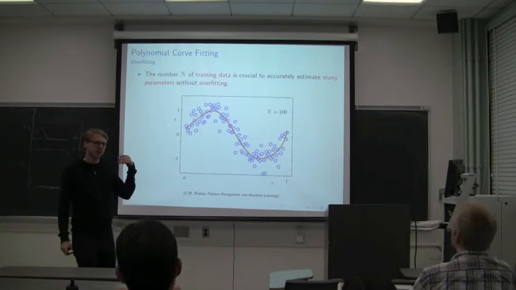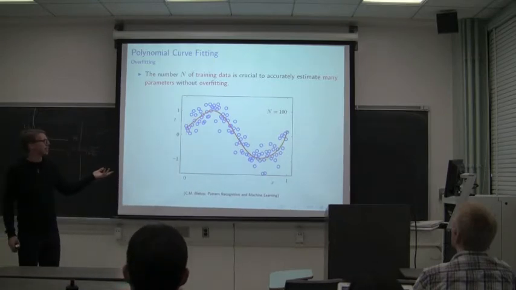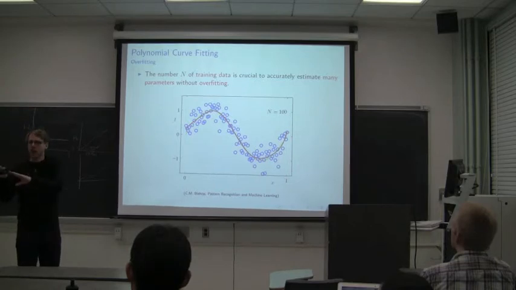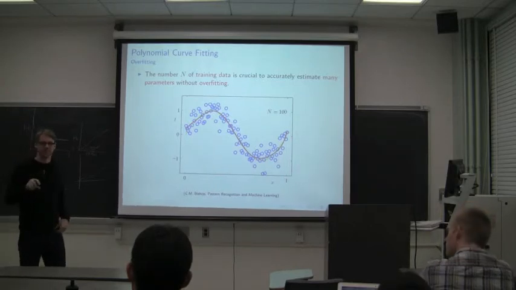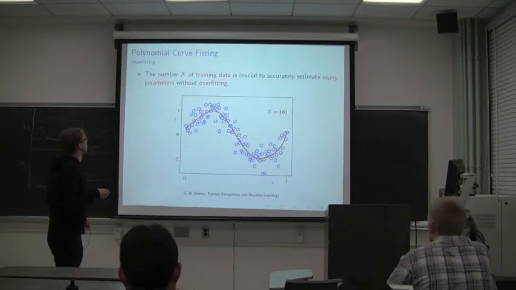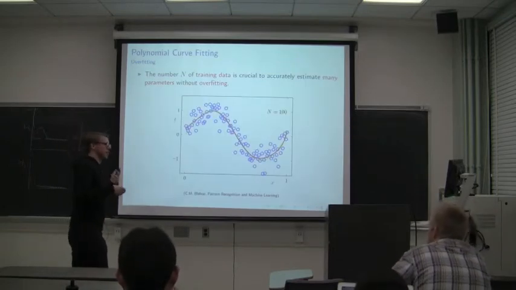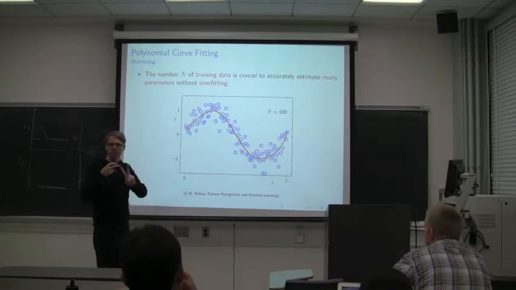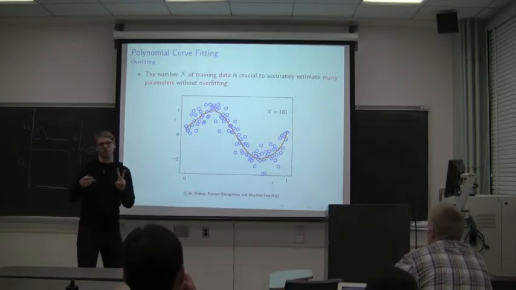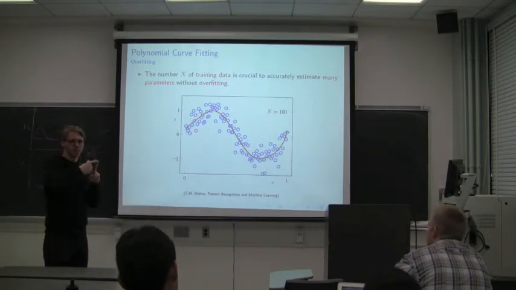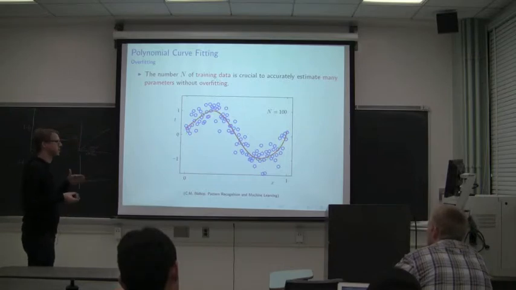So what this tells us is that if you have a complicated model, you can fit it if you have enough data. Now we have already identified 2 things that influence overfitting and underfitting: the number of training data points and the complexity of the models, and these 2 things have to be traded off.